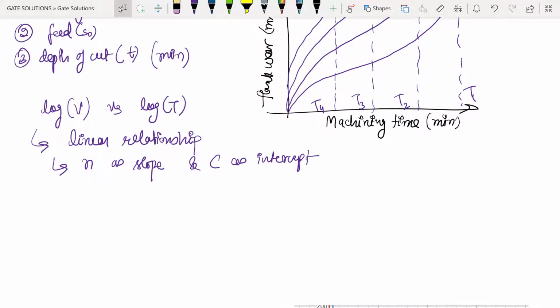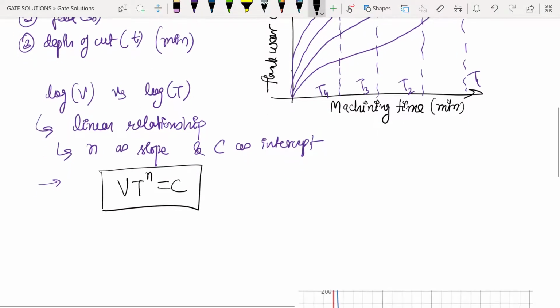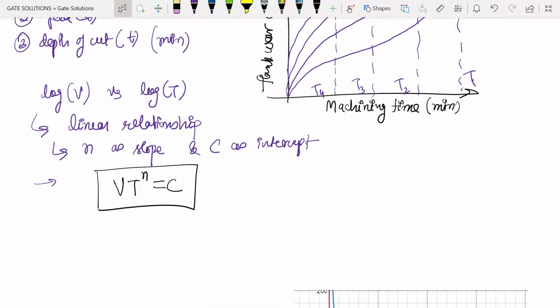He gave one equation to measure the tool life, that is V T raised to power n equal to C. So tool life depends on the cutting velocity here.